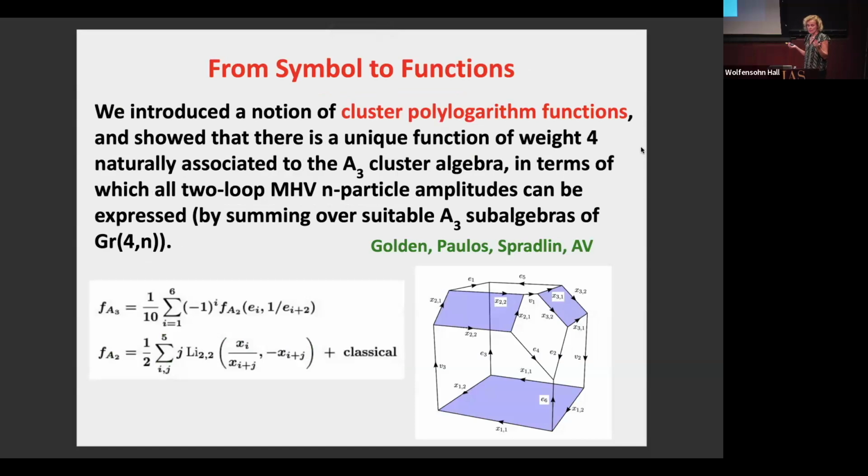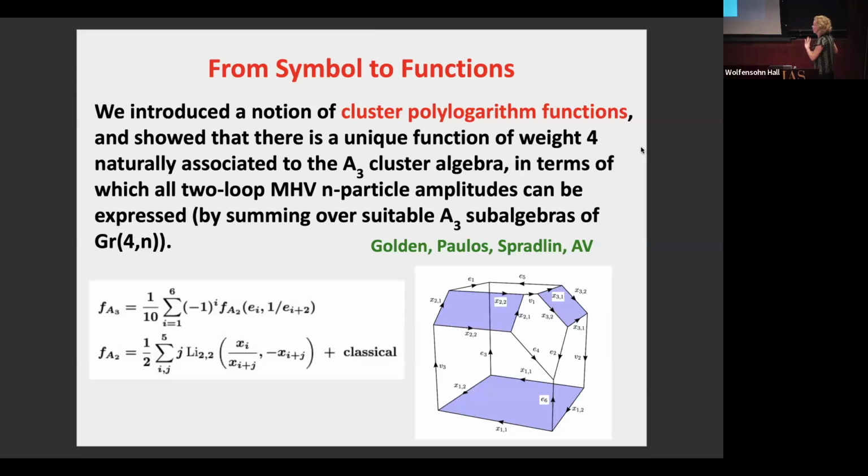Yeah. So since I'm talking about clusters, let me tell you a little bit about something else. So we had the alphabet, then we had words, but then we essentially want to get to functions. So we want to uplift that symbol into functions, because amplitudes are functions of the kinematics. So it's very important to understand those functions better. There are 2 descriptions of those functions. Some time ago, we talked about cluster polylog functions.